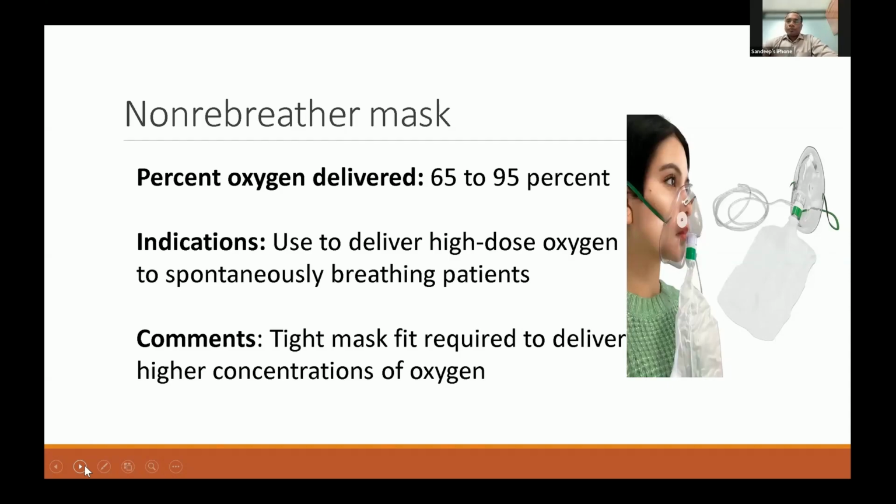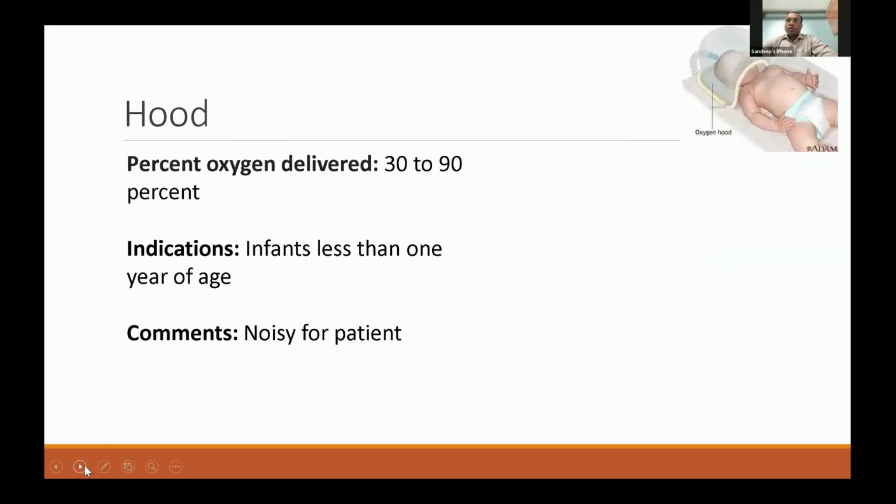Next. Another one is hood. So you can see this. If you have seen in pediatric patients, sometimes it becomes difficult to put all those kind of masks and different kind of things over the very small babies. So you can put a hood which is placed on whole of the head of the patient, which is open from the lower end.